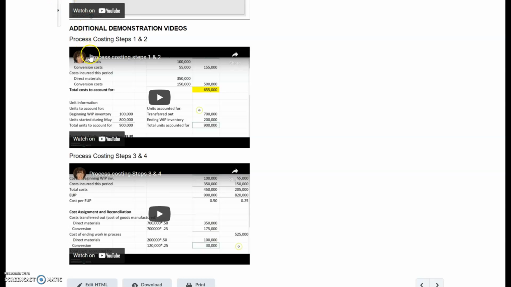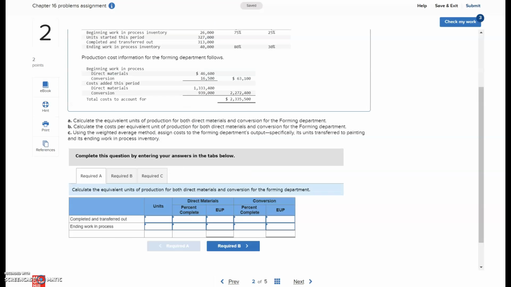This is where I go over how you do process costing steps 1 and 2, and then process costing steps 3 and 4. So watch that demonstration and make sure you understand it. And after you watch that, I think these will go pretty quickly. It's a pretty straightforward process, okay?